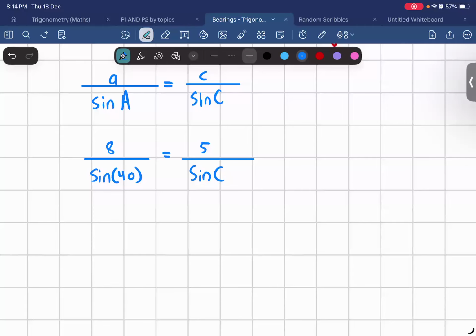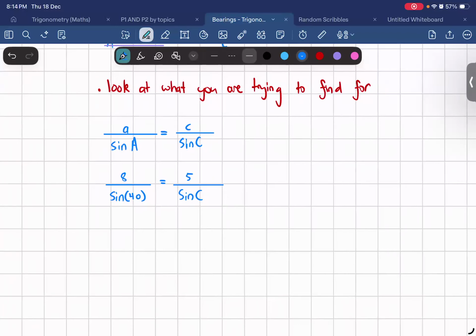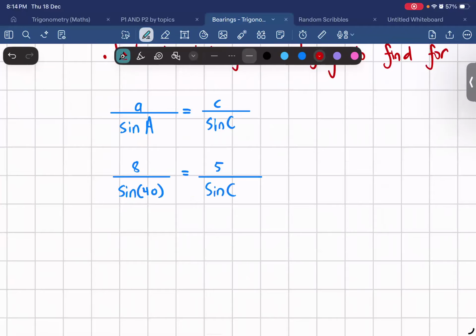Anytime you have fractions on either side, I would recommend to cross multiply. That's the easiest thing to do. You see how I have sine C and 8? I'm going to multiply that.